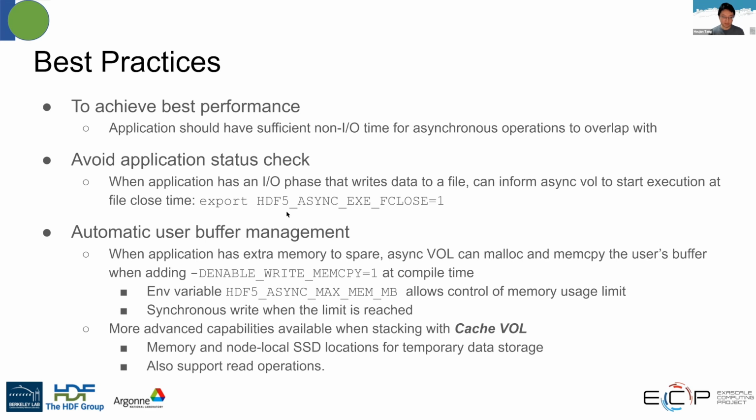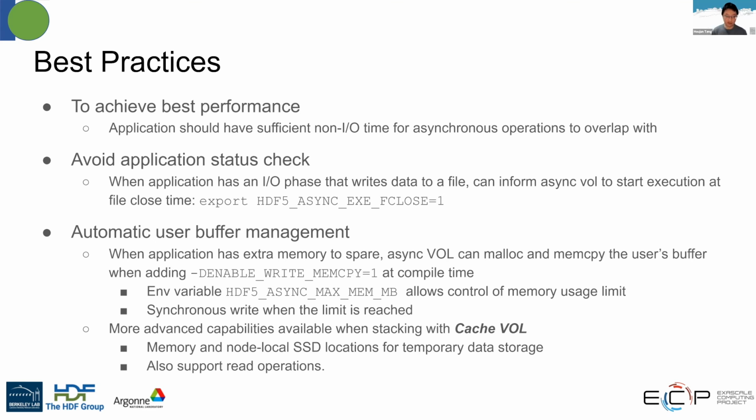And also for applications that are write only and have very simple accesses, we have automatic user buffer management, because otherwise we require the application to manage the user buffer for writes.